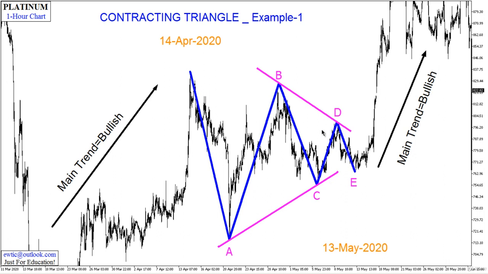They should converge. So this 5-wave corrective sideways pattern is called a triangle. And when each wave is smaller than its previous wave, then it's a contracting triangle. Okay, so the main trend was bullish, and after the completion of the triangle, the main trend resumed, right? This was the example of platinum 1 hour chart.